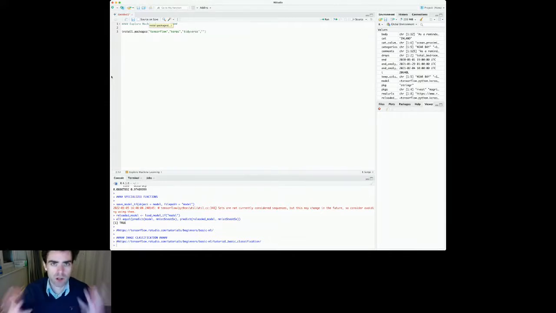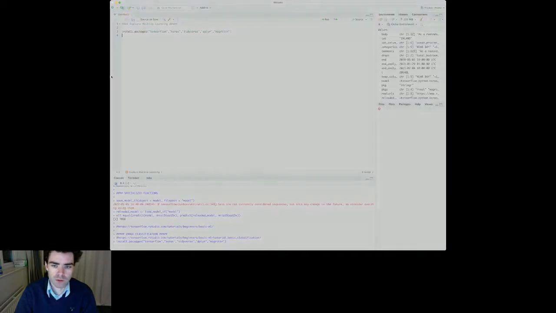Tidyverse is just a way of organizing your data in a standardized way, and there are lots of packages to support the tidyverse, the tidy way of doing data. Dplyr, just trying to remember my R here. Magrittr, I think that's one. Let's do these first.